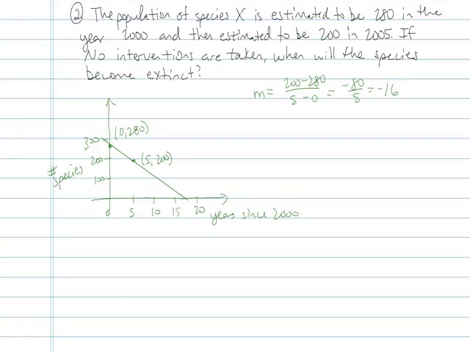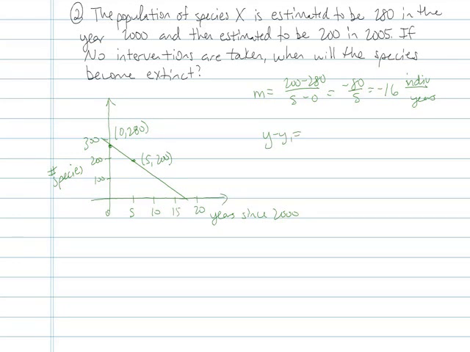That tells me, by the way, that my change in y, so change in species, I'm going to call it individuals, I guess, individual species X, is on top of my change in x, on top of the years. It tells me I'm losing 16 of these species per year, 16 birds per year, 16, I don't know, they are woolly mammoths, are going away each year. My species population is declining by 16 individuals per year.